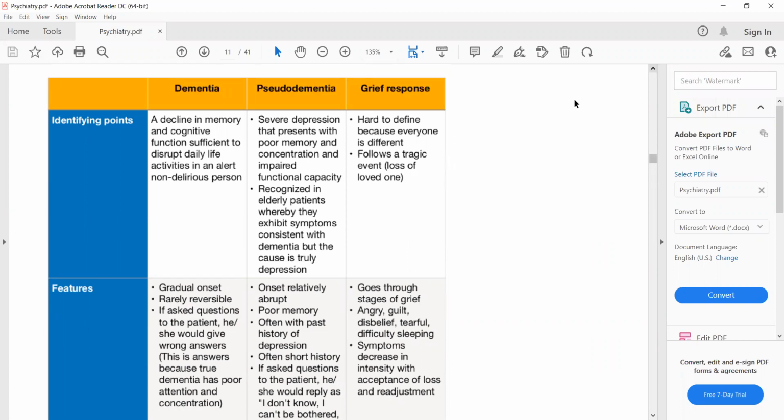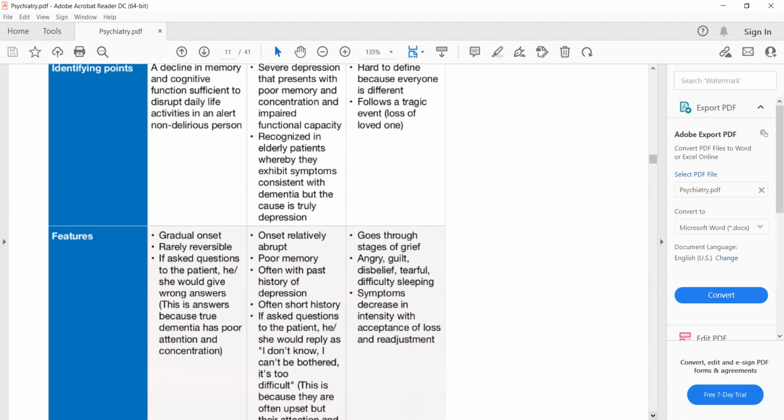While how to differentiate between dementia and pseudo dementia? The presentation of dementia and pseudo dementia is almost the same. The only difference between these two is that the onset of true dementia is gradual, while pseudo dementia is abrupt in onset.